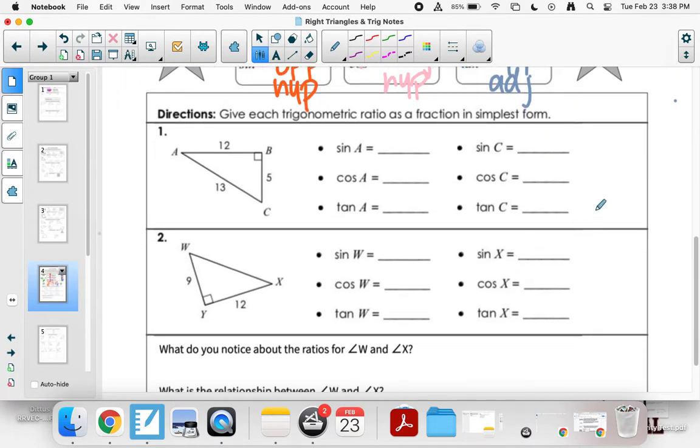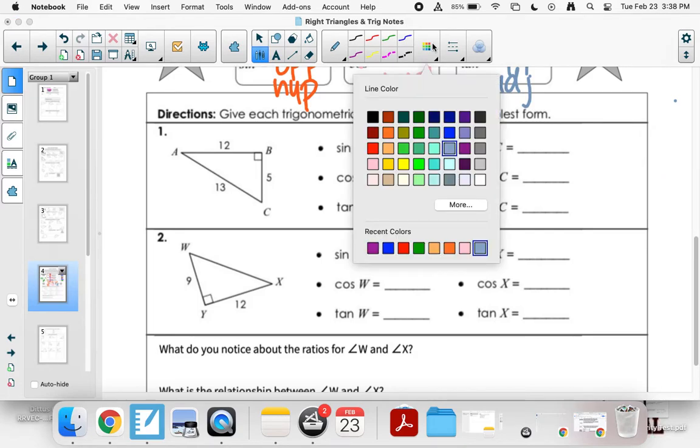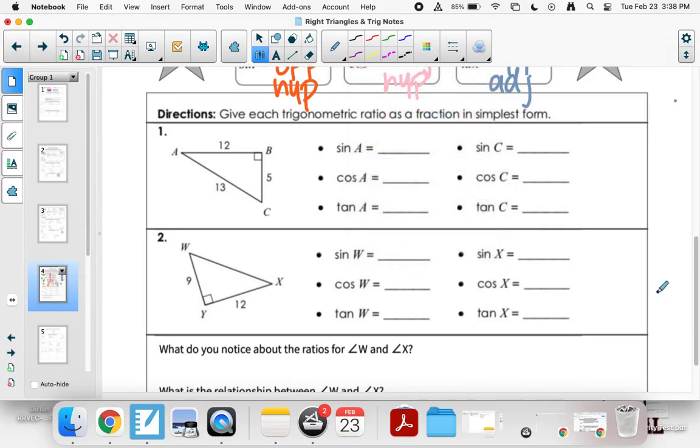It's the only way that it works. Okay, so what we're gonna do is find the trig ratios from angle A and angle C's point of view. We're gonna start with angle A, and let's use that pretty color. When I'm looking at angle A, right away I like to label what everything is: opposite, adjacent, and hypotenuse. Depends on which one you think is easiest.